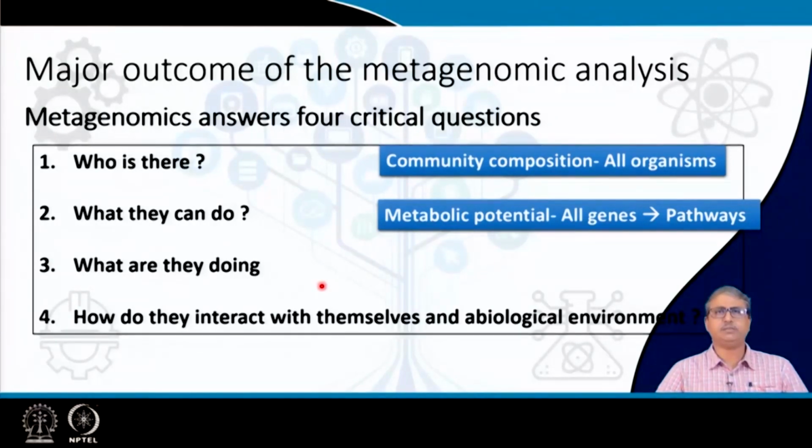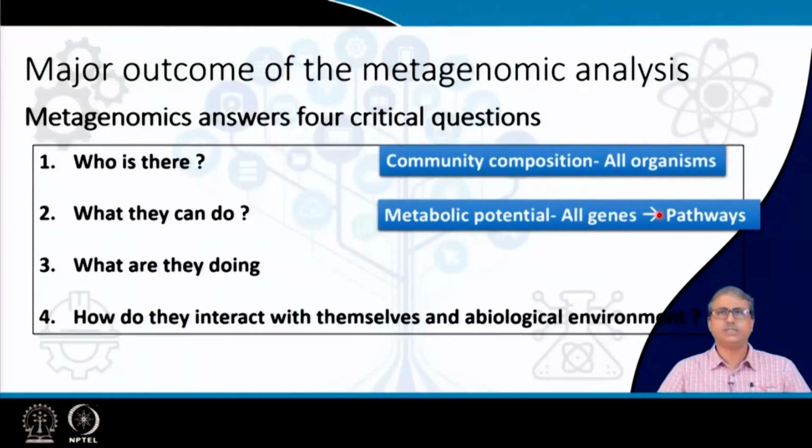All the genes present in that particular sample, the information about them will be in front of you, and since you have information about all the genes, you can build the pathways relevant for carbon metabolism, nitrogen metabolism, sulfur metabolism, transport, disease development, antibiotic resistance, fatty acid synthesis, carbon dioxide capture and sequestration into carbonate minerals, for any kind of pathway. Basically, you will have the opportunity to reconstruct all the pathways.